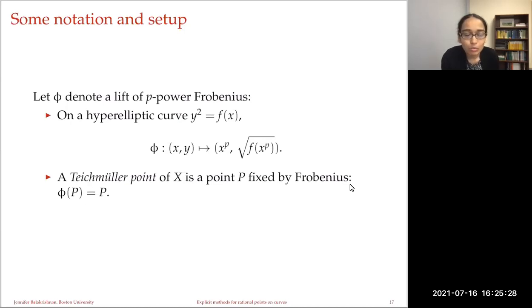But he showed that one could write this in a reasonable way using a binomial expansion and showing that it had nice convergence properties. Now we'll also reduce in some cases to points that are fixed by Frobenius, so-called Teichmüller points. So essentially you take the Teichmüller lift of your x coordinate and then solve for the corresponding y coordinate. And you can do this in every non-Weierstrass residue disk.